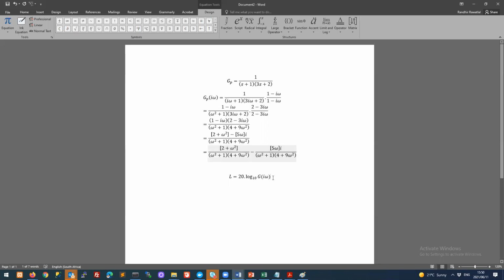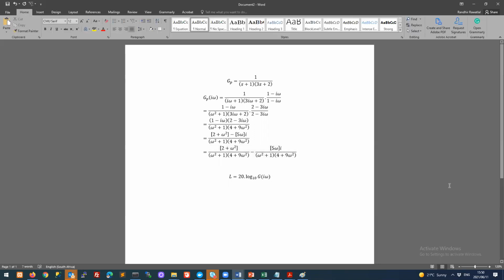So L equals that. So it's 20 log 10 G of i omega. And sorry, this is incorrect. It should be the magnitude of G of i omega.